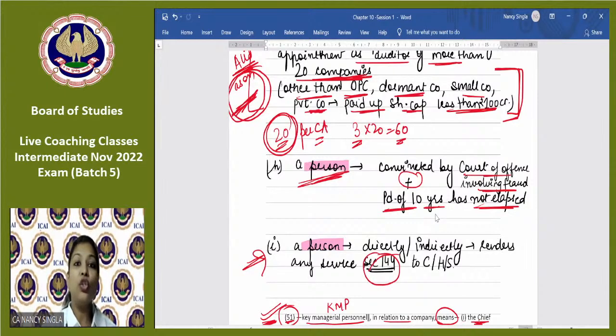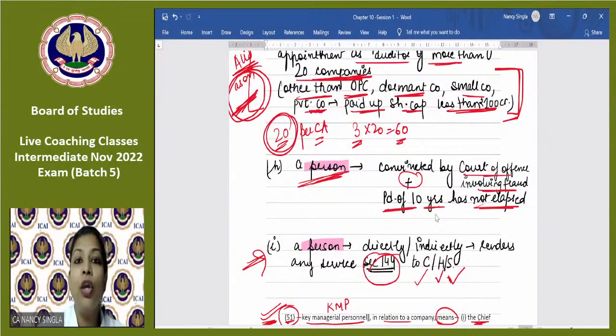So if a person is directly or indirectly rendering any of the services as mentioned in section 144 to the company A Limited or its holding or its subsidiary, then that person, in our example CAX, is not eligible to be appointed as an auditor of the company.